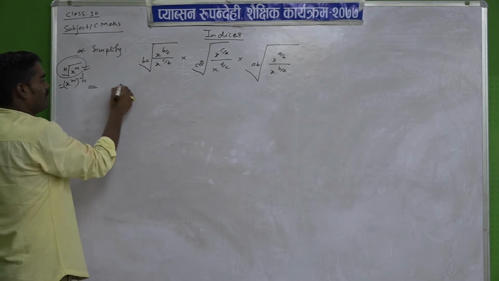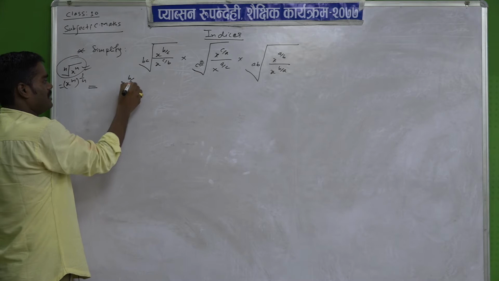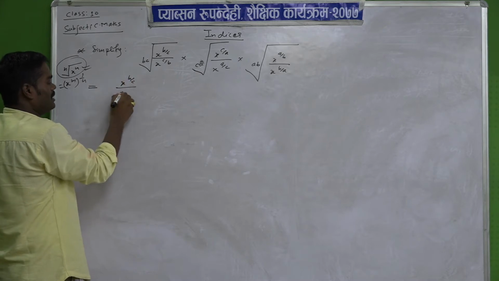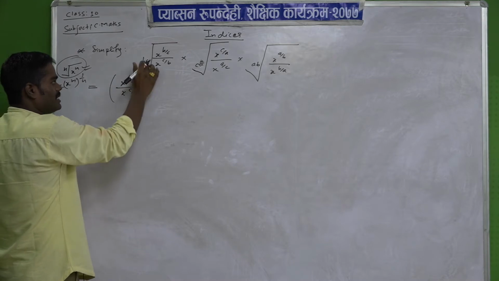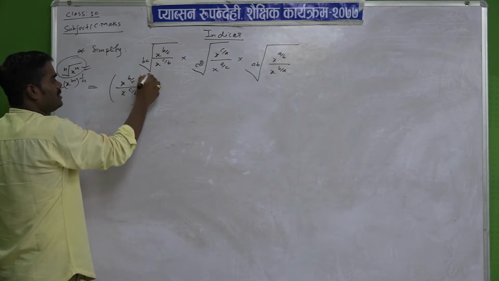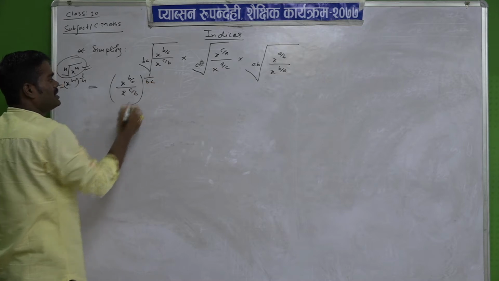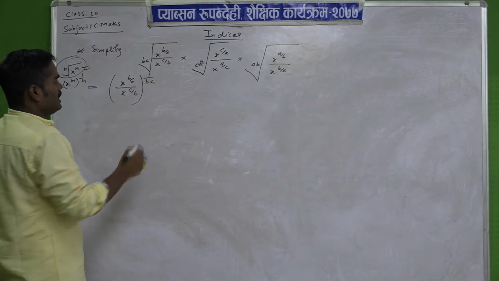So it became x power b by c upon x power c by b, whole power, what is the order here, bc. So it became whole power 1 by bc.